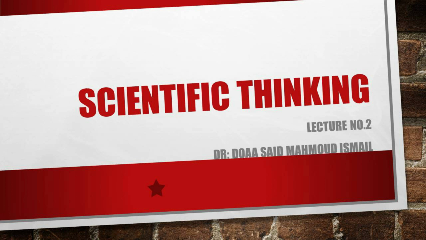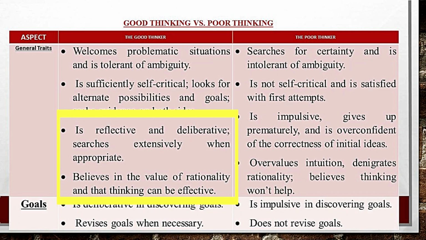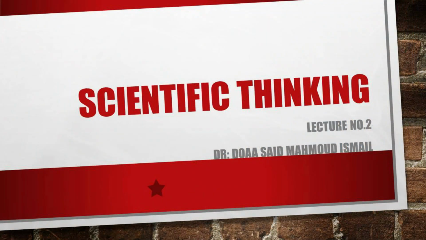We can also say the good thinker is reflective and deliberative, and searches when appropriate. We also found that the good thinker believes in the value of rationality, and that thinking can be effective. All of these are traits of the good thinker.